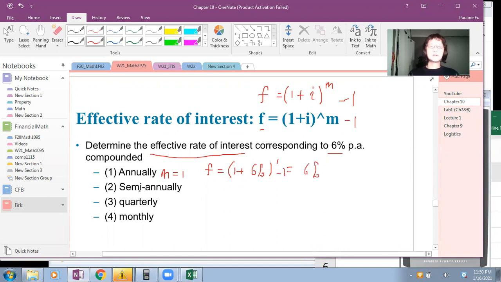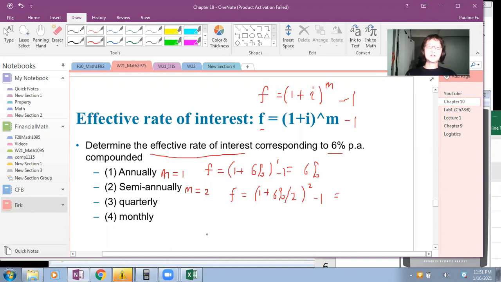Now situation 2, compounded semi-annually. Semi-annually means M equals 2. So the effective rate of interest F equals 1 plus I, where I is 6% compounded semi-annually divided by 2, and then raised to the power 2, minus 1.